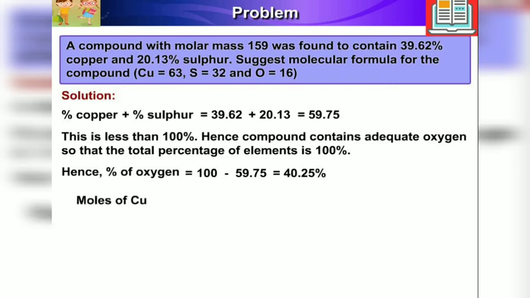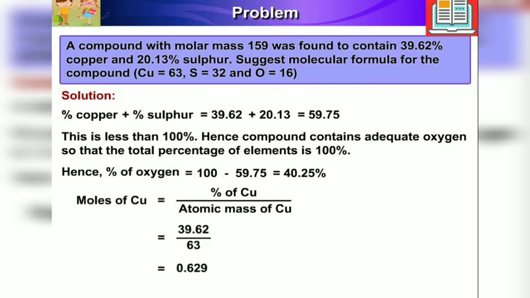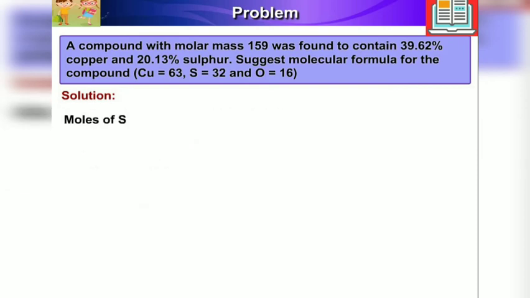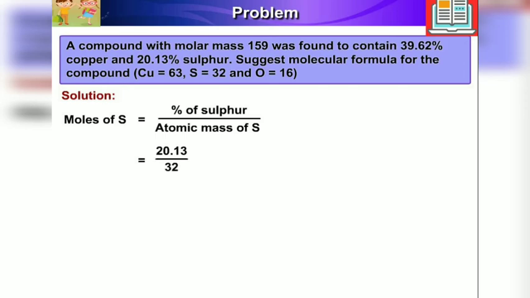Moles of Cu equals percent of Cu upon atomic mass of Cu equals 39.62 upon 63 equals 0.629. Moles of S equals percent of sulfur upon atomic mass of S equals 20.13 upon 32 equals 0.629.